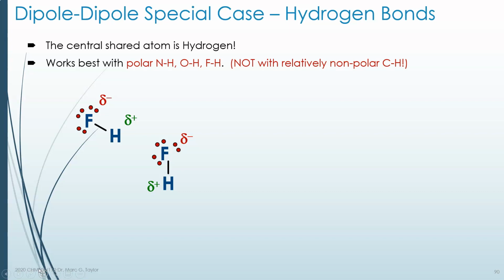And then that can interact with another nitrogen, oxygen, or fluorine on another molecule, and you have this attraction. So it's a dipole-dipole, but it involves a hydrogen. This will not work if it's a carbon attached to a hydrogen, because carbon-hydrogen bonds are very nonpolar. There's only a tiny difference between those two, so there's no polarity and they won't form hydrogen bonds. Just nitrogens, oxygens, fluorines, maybe chlorines.